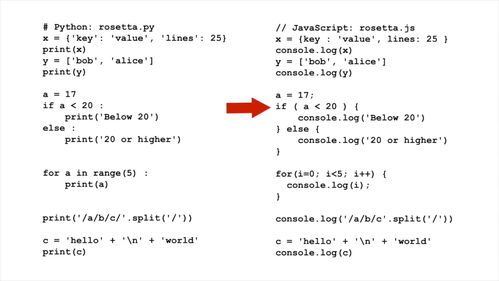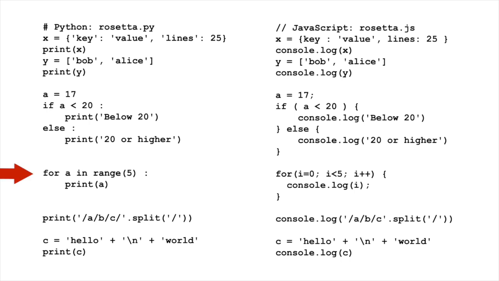So the true part of the if is console.log below 20, and the false part is in the else area, which is console.log 20 or higher, doing the exact same thing. Ironically, good JavaScript programmers indent their code anyways. The difference is on the Python side, the indent is syntactically significant and required. On the JavaScript side, it's optional, but highly recommended.